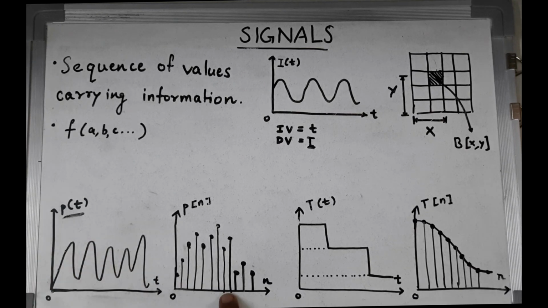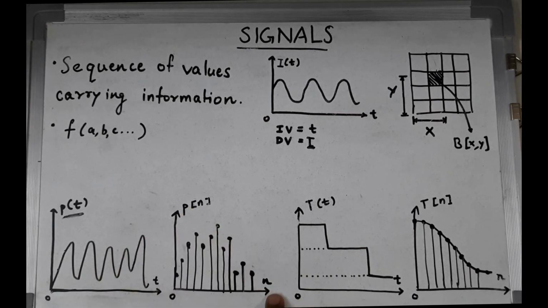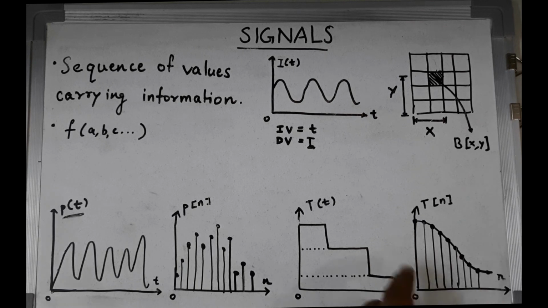The discrete time signals that are used for processing, in which dependent and independent variables are discretized. There are some signals in which the independent variable is continuous while the dependent variable is discretized, and the other signals in which the independent variable is discrete while the dependent variable is continuous.